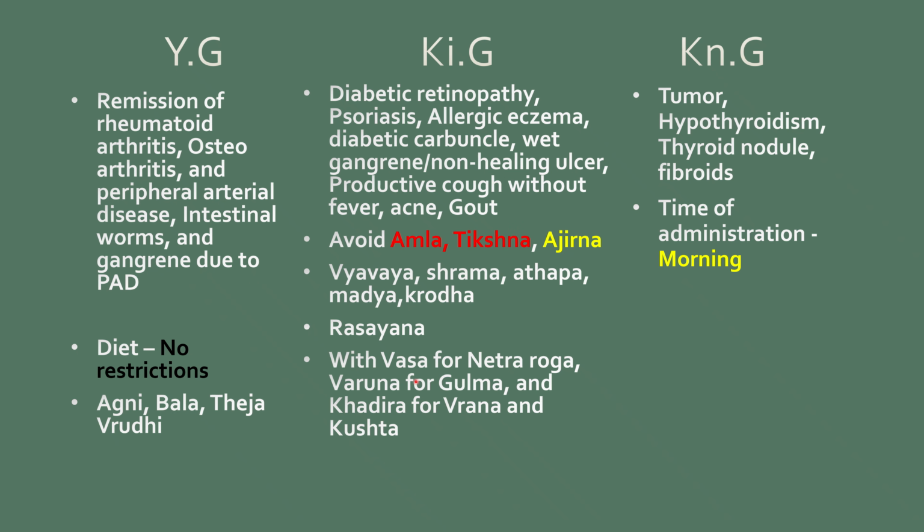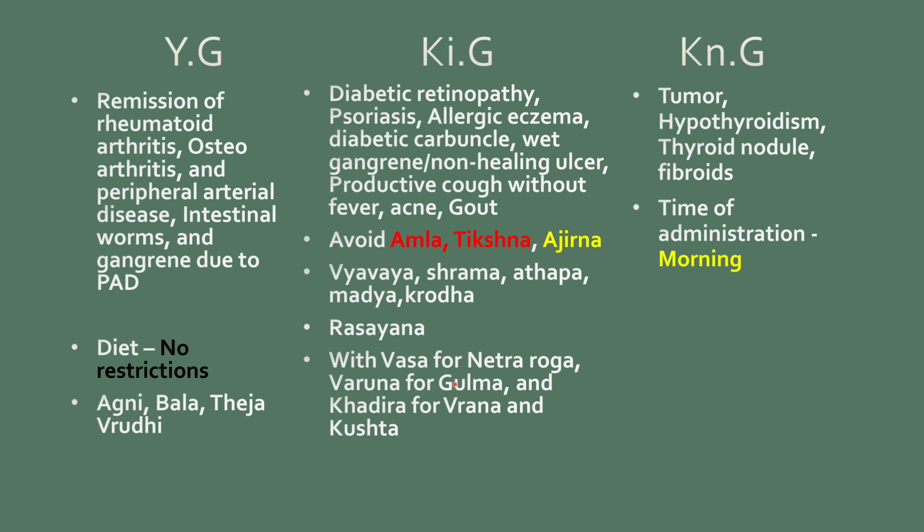And some special prayogas of Kaishora Guggulu: for Netra Roga, it should be used with Vasa. Vasa for Netra Roga, because Vasa is also Pitta Rakta Shamana in nature. Varuna for Gulma, especially for Pitta and Rakta associated Gulmas, like Rakta Gulma, Pitta Gulma, etc. We can use Varuna because of Vata Shamana.